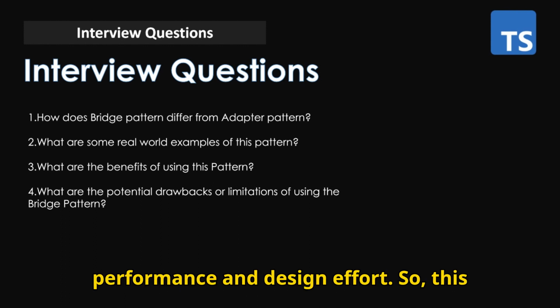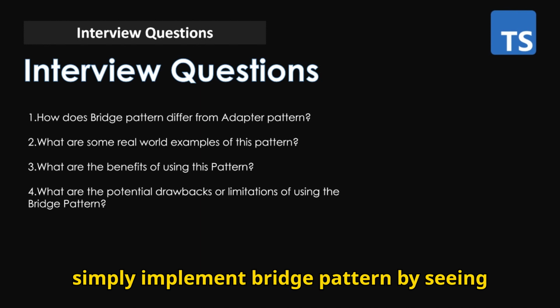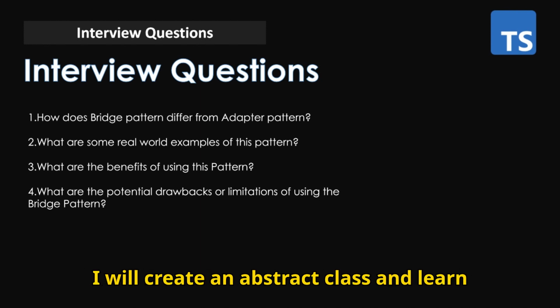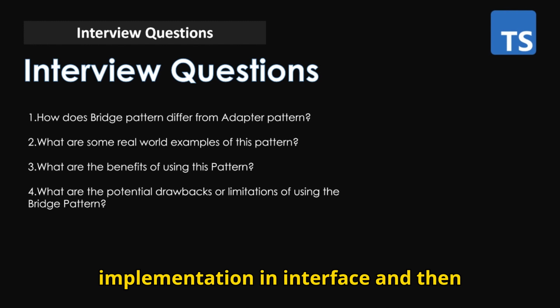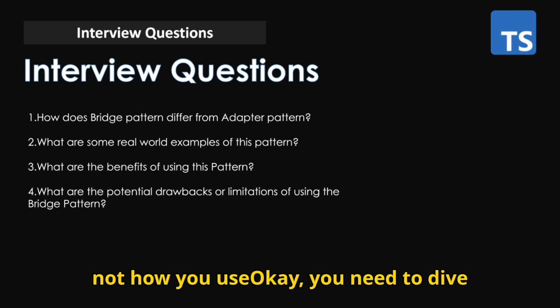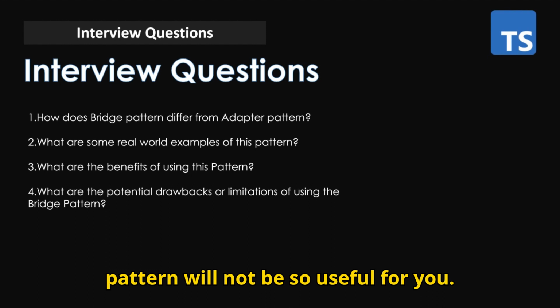And design effort, so this requires deeper understanding of the problem, and you cannot simply implement bridge pattern by saying okay, I have two things to do, now I will create an abstract class and one implementation and interface, and then create implementations and do it. That is not how you use it. You need to dive deep into the problem, otherwise this pattern will not be so useful for you.